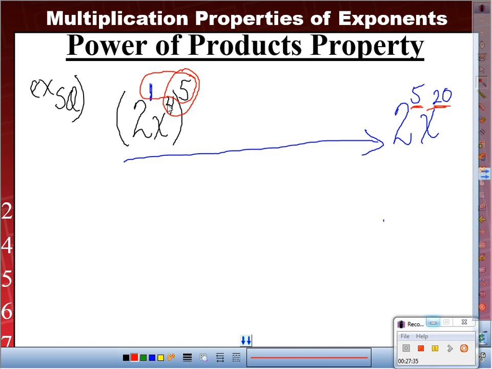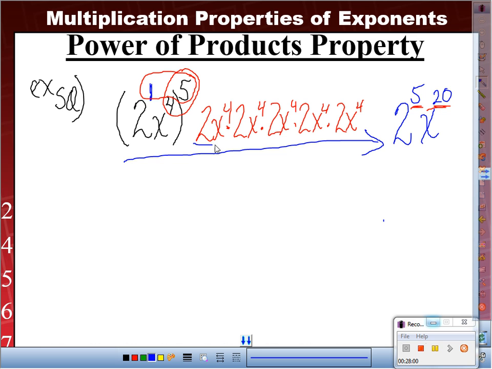factor out. So this tells us to write 2x to the 4th how many times? 5 times: 2x to the 4th times 2x to the 4th times 2x to the 4th times 2x to the 4th. Let's see. Which ones have the same base? The 2, 2, 2, 2, 2.